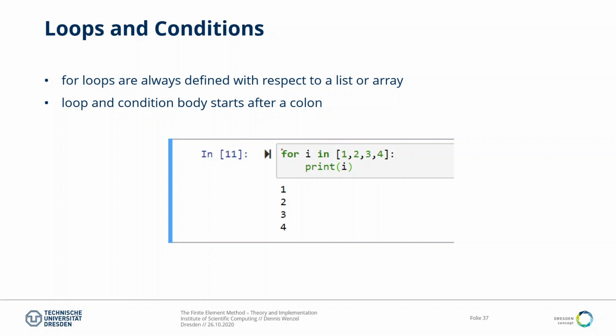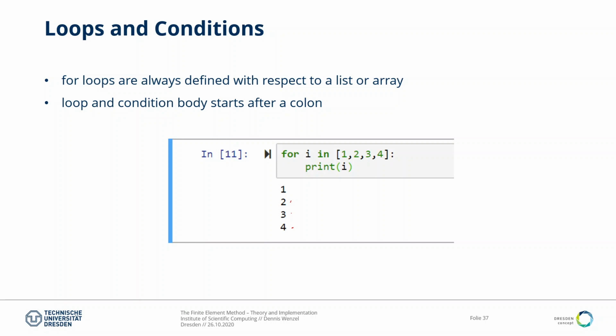I've written for variable I in this list, and then in each iteration of the loop, I'm printing the value of I. So I is taking all values in this list and then printing them.